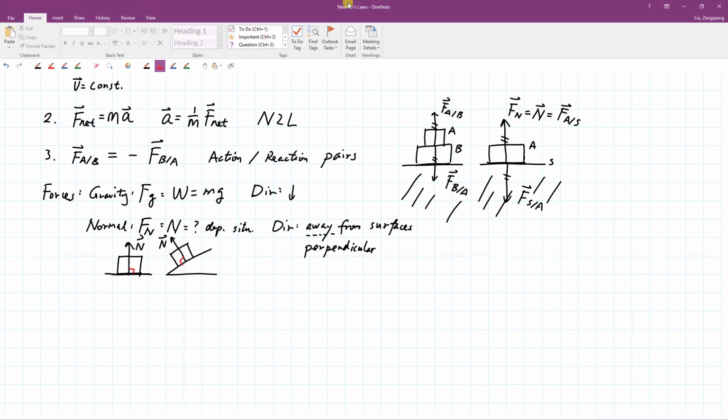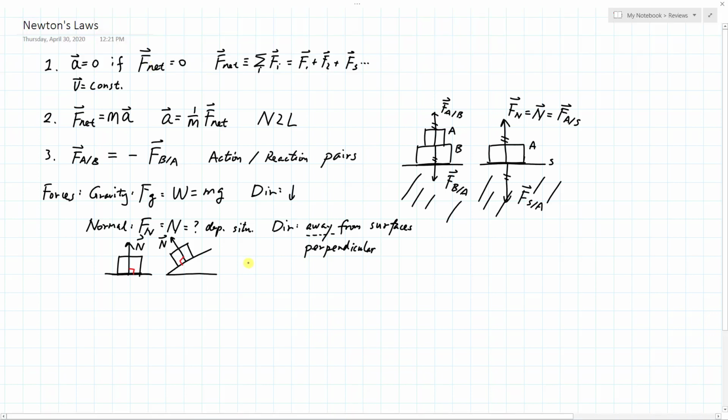So the normal force is not necessarily a force that's vertically up against gravity. It depends on which direction the surfaces are being pushed. You can even have a very extreme situation here. Say I'm erasing a whiteboard, so this is my eraser. I need to push my eraser against the whiteboard so that it doesn't fall. When I push, the surfaces are pushed against each other, and this surface wants to push back.